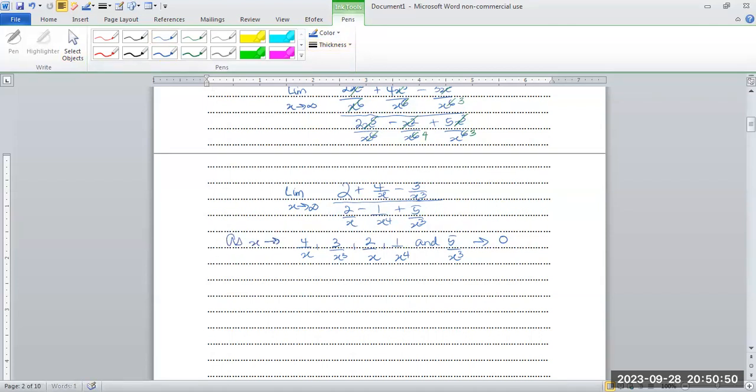So as x tends to infinity, all of those will tend to 0. So I'm going to have a limit as x tends to infinity of 2 plus 0 minus 0 all over 0 minus 0 plus 0, which is 2 over 0, which is undefined.